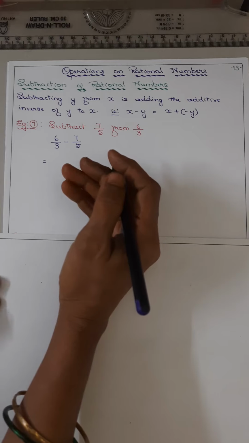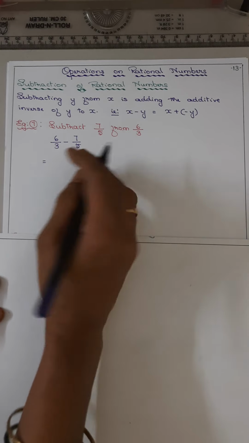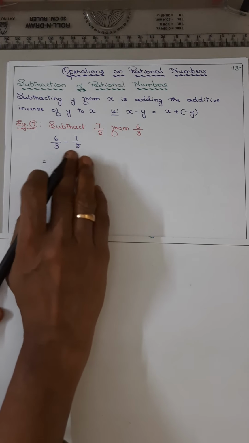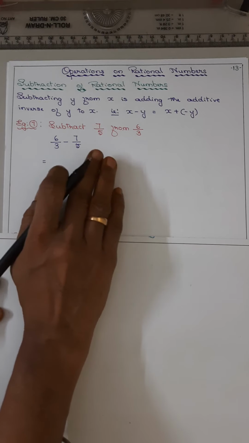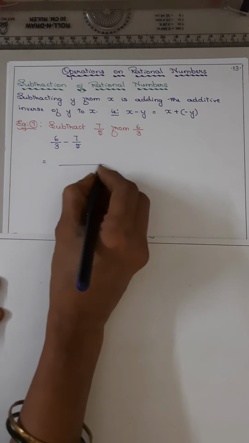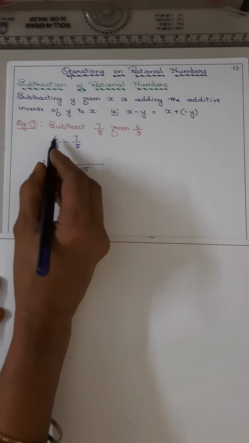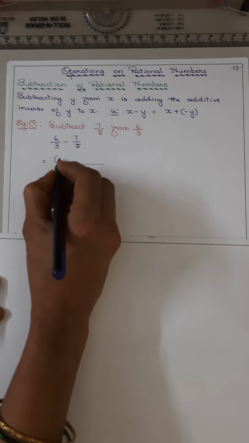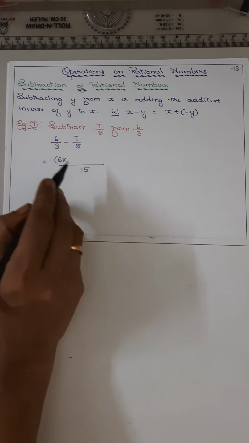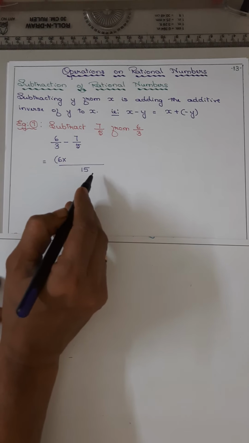But now, we will go a little bit higher level. So 3 and 5. What is the LCM? 3 5s are 15 because both are prime numbers. So 15, you write once. Now the first rational number, 6 into, the denominator 3, how much are 15? 3 5s are 15.